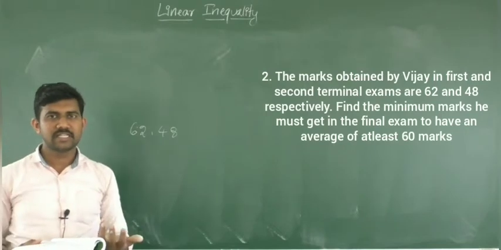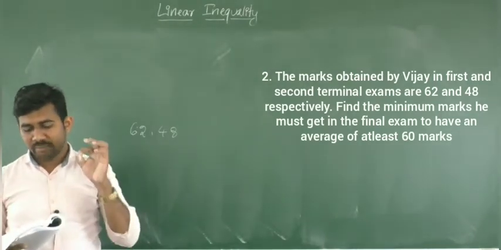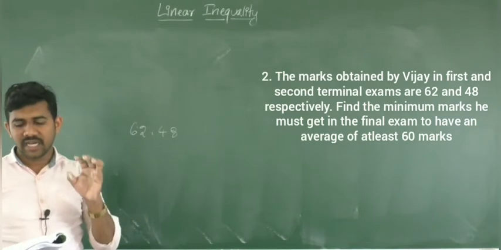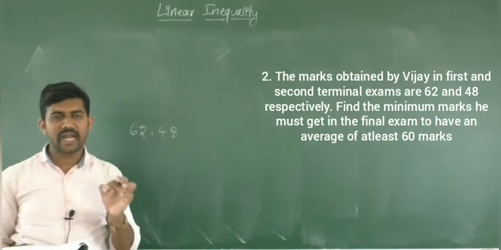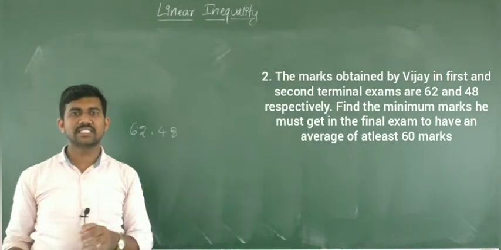Same type of question as previous, right? Find the minimum marks he must get in the third unit test or final exam to have an average of at least 60 marks.